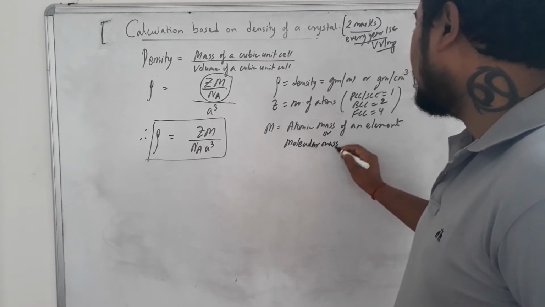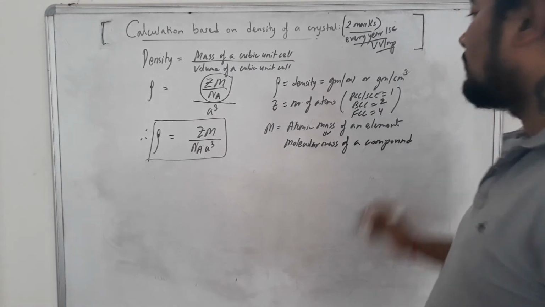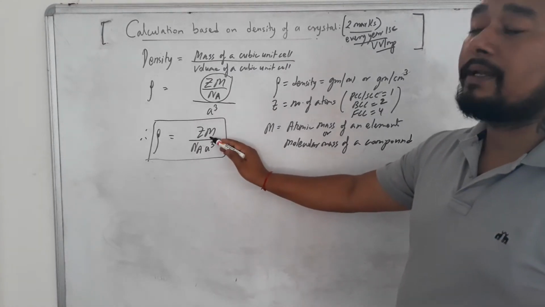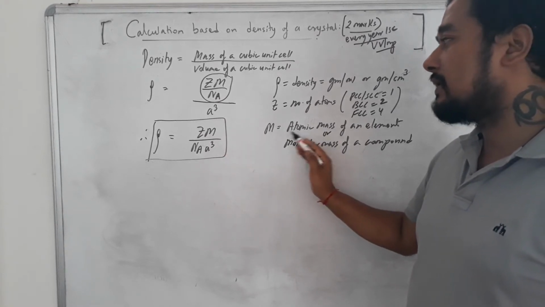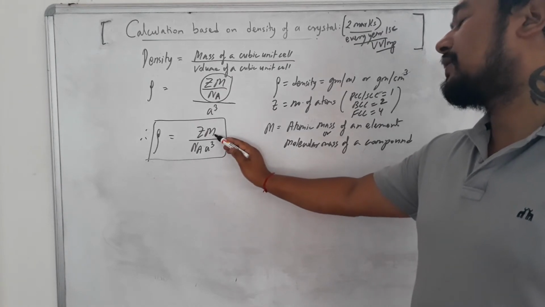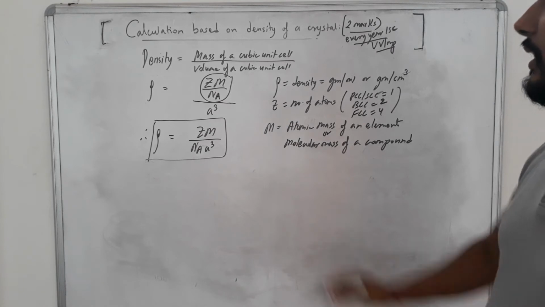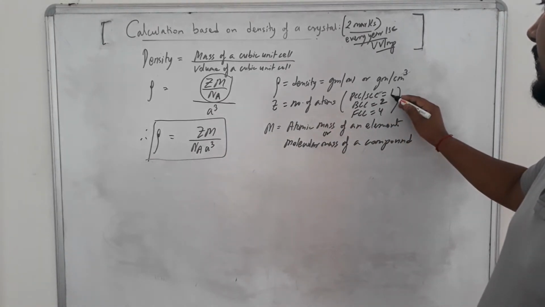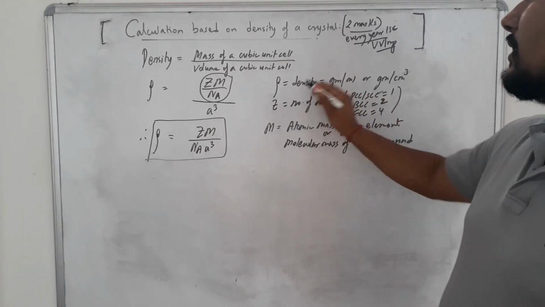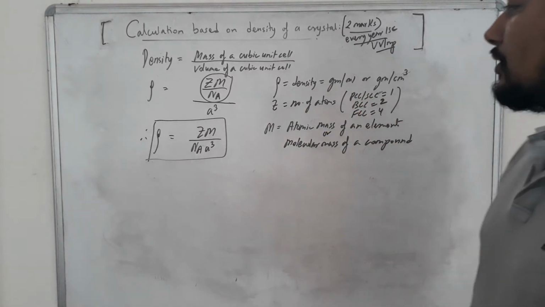So remember, M has two meanings. Z is the number of atoms, and the value for PCC, BCC, FCC is 1, 2, 4. Density means rho, and the unit is gram per ml or gram per centimeter cube.